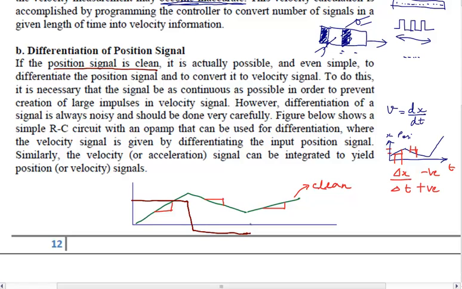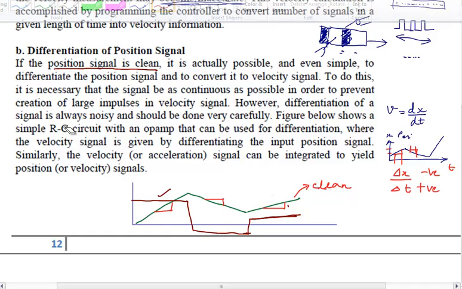Again here the velocity will be some positive value, but not as large as the first one, because as you can see the rise is very small. The change in x is very small with respect to time, so the velocity will be some lower value than what you had here.